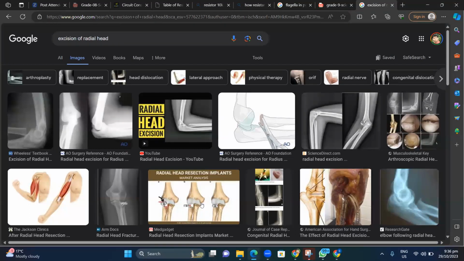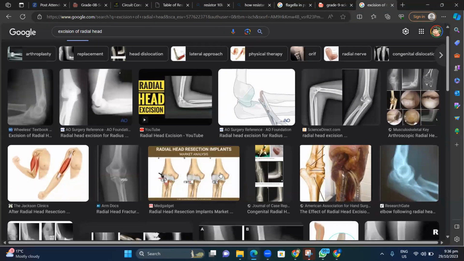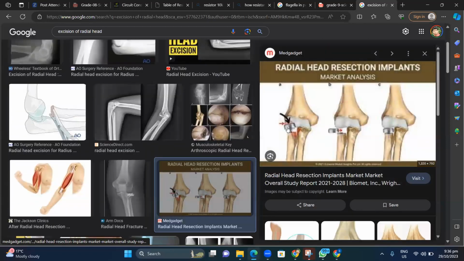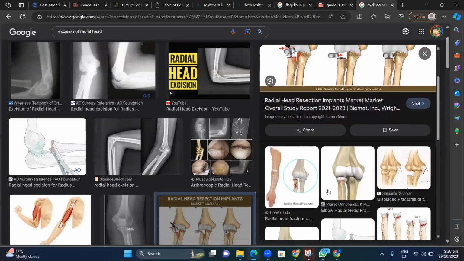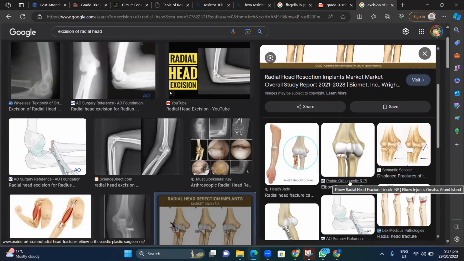So you can see the radial head is here. They suggested putting plastic or something in later, but again it needs an operation, and the head was really fractured, and because of that they needed to remove it.